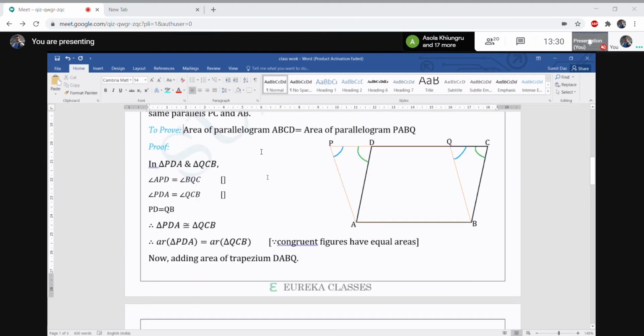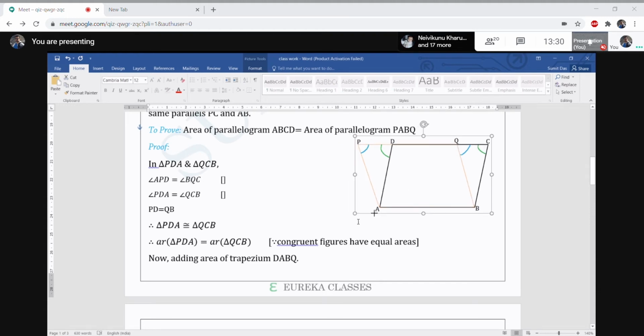Proof part. Now we'll check these two triangles, PDA and QCB. In these two triangles APD and BQC, the blue color angles, I hope all of you can see, these two are equal. Can anyone tell me why these two are equal?